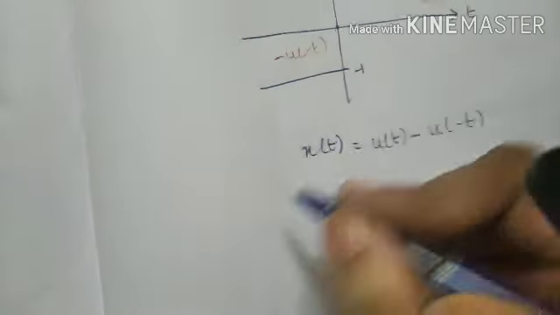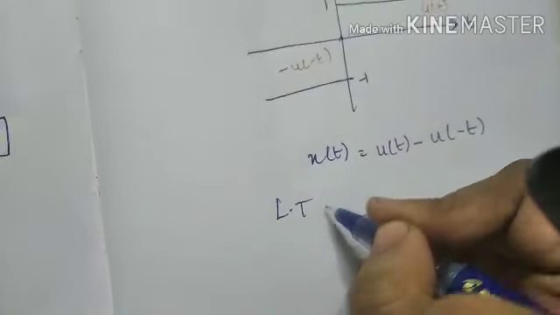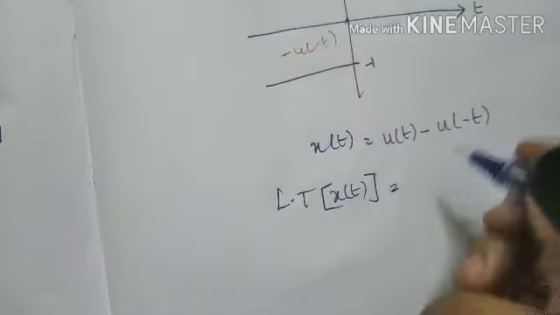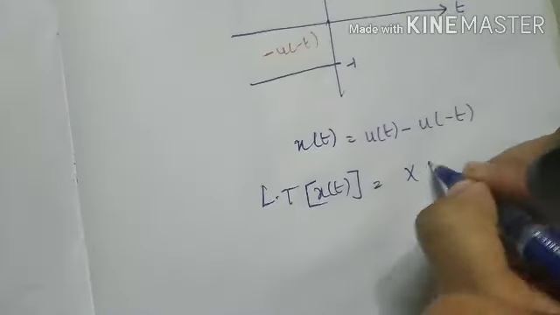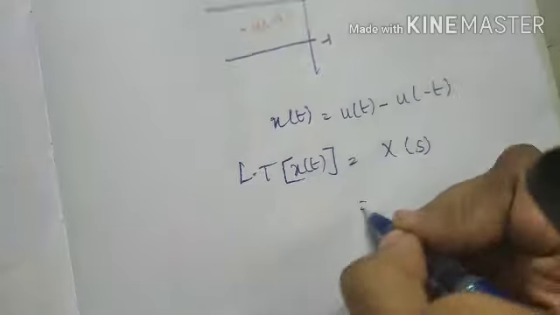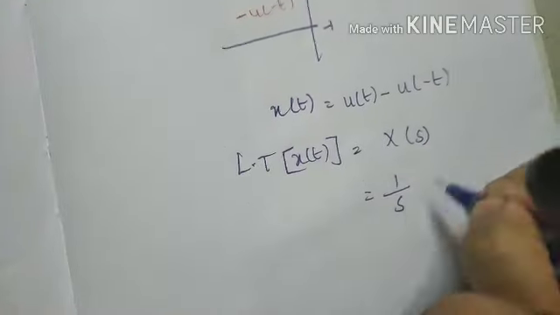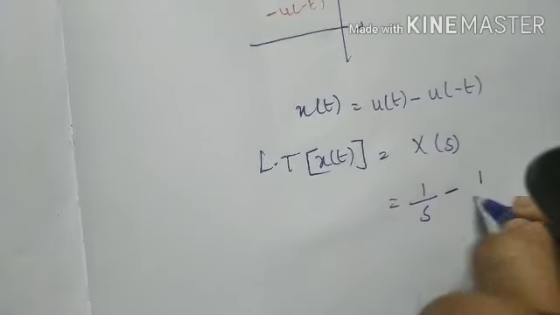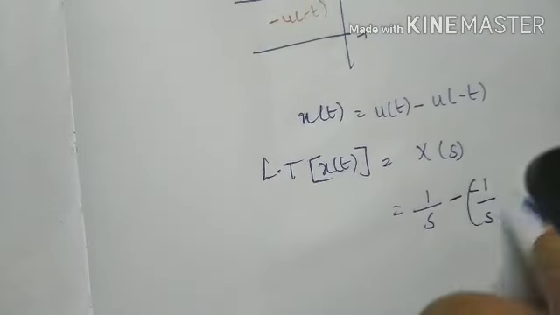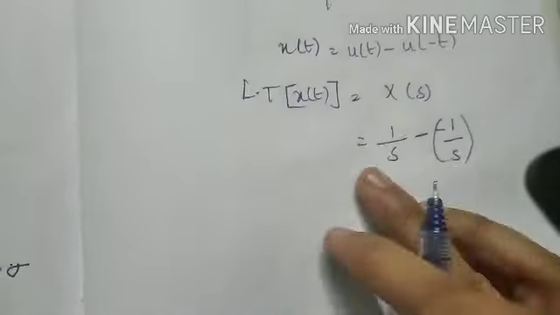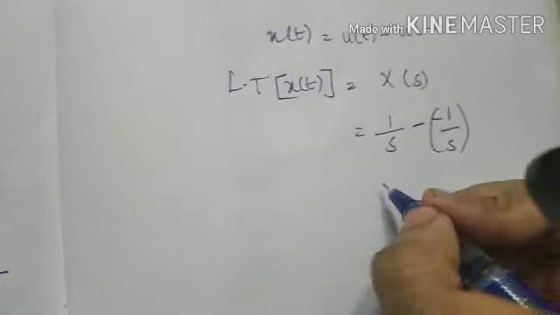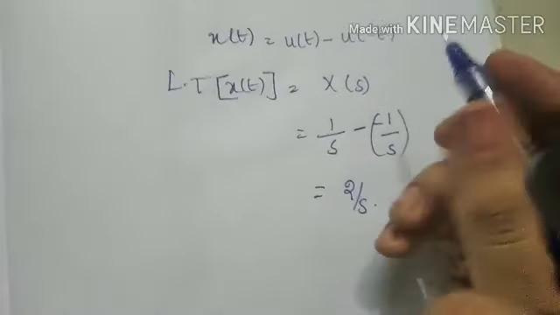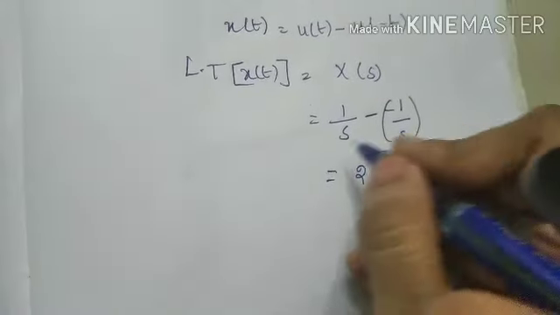Now we are going to find the Laplace transform of this x of t signal. The Laplace transform of x of t gives X of s, which is equal to 1 by s minus the transform of u of minus t, which is minus 1 by s. So 1 by s minus of minus 1 by s gives 2 by s. Now we will find the poles for these two signals.